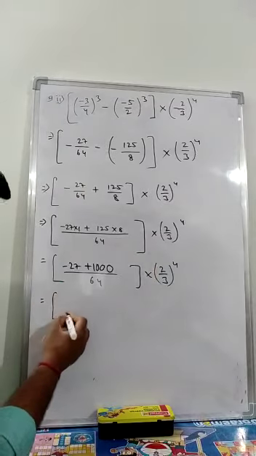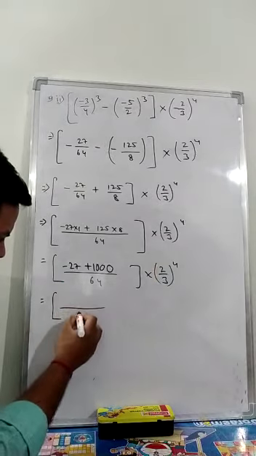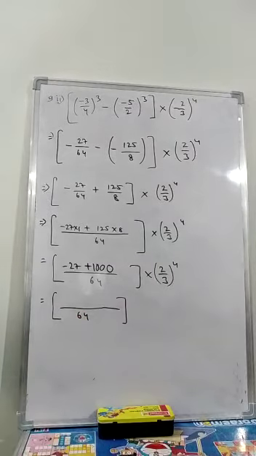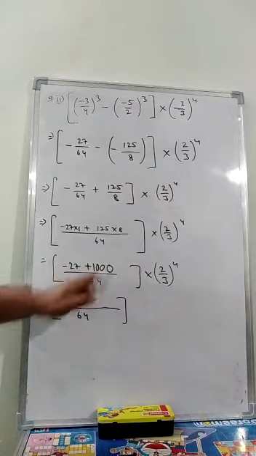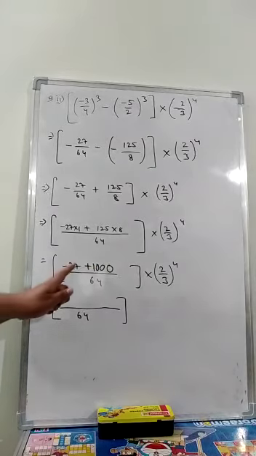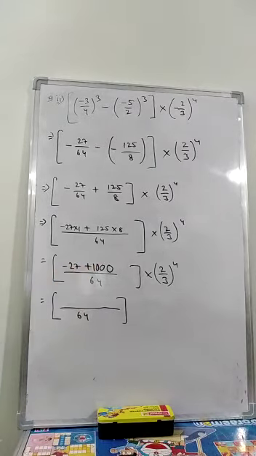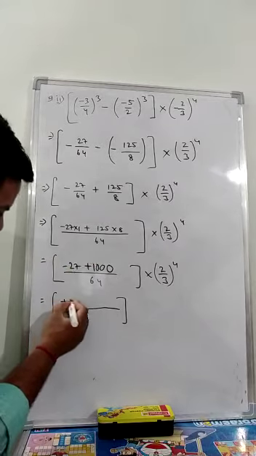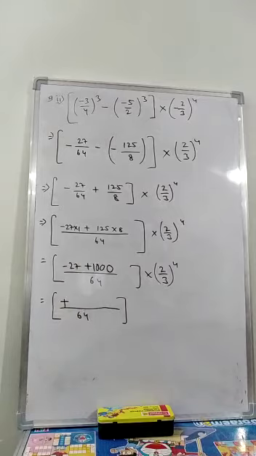Now pay attention over here, 64. You see minus 27 plus 1000. Among these two, 1000 is a greater number, and with it there is an addition sign. So put a plus sign over here.